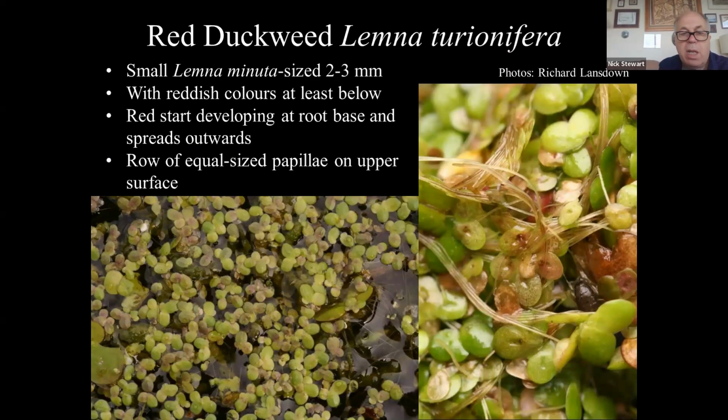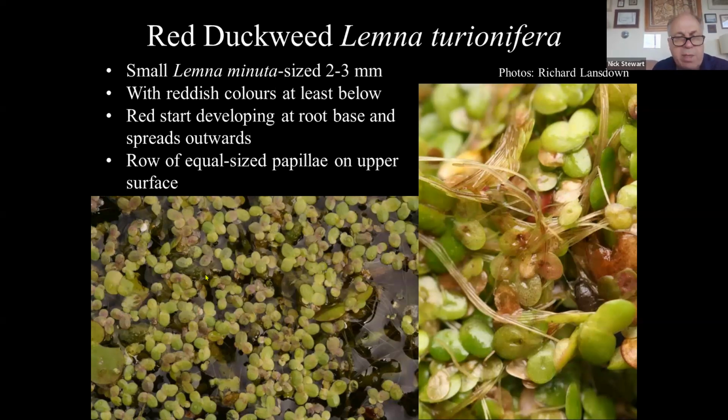So the next one, again a small one, is Lemna turionifera. Now, it's similar in size to minuta, but probably one of the easiest ways of spotting them is if you see a patch of Lemna minuta that doesn't look the right color, that may well be turionifera, because turionifera very often has pinkish reddish coloration to it, whereas Lemna minuta is always pale green.